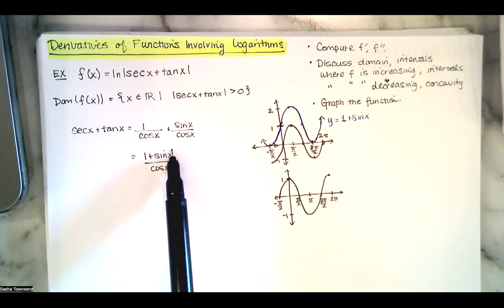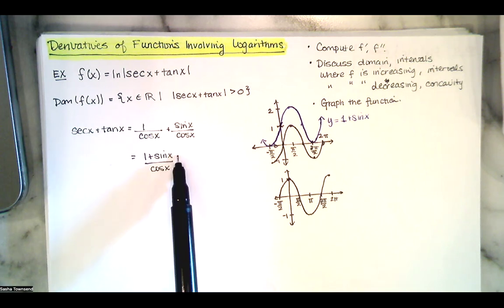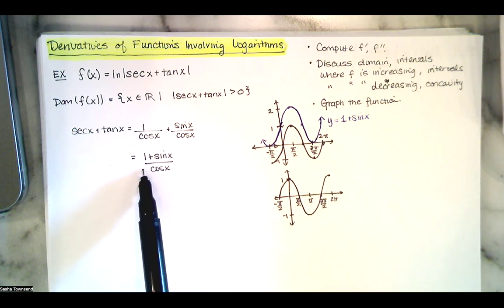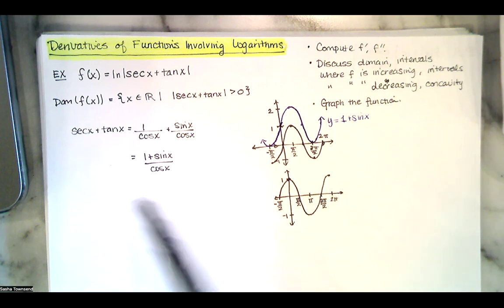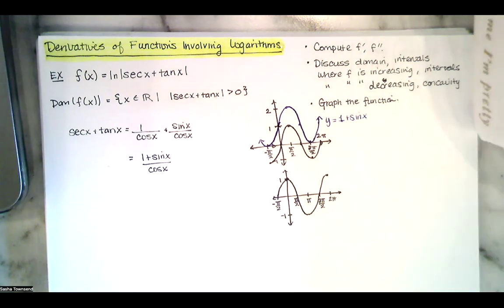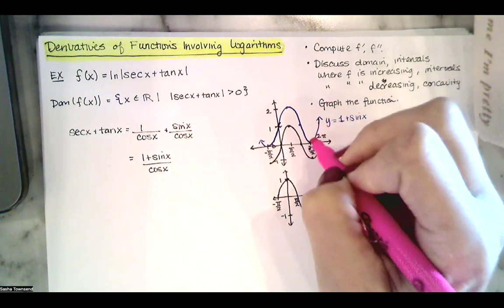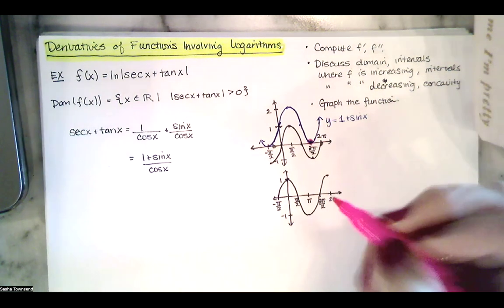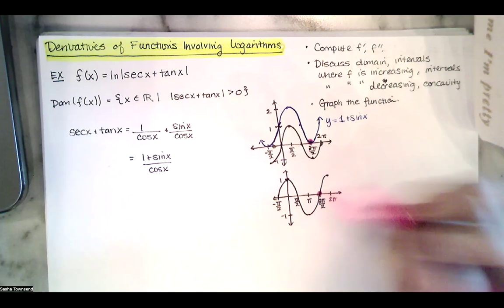This fraction equals 0 when the numerator equals 0 and the denominator is non-zero. So that was the mistake I made last time. I'm sorry. Have to be careful. At 3 pi over 2, 1 plus sine of x is 0, and cosine of x is also 0.